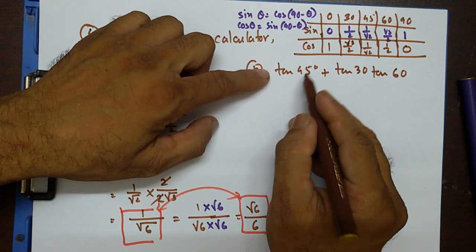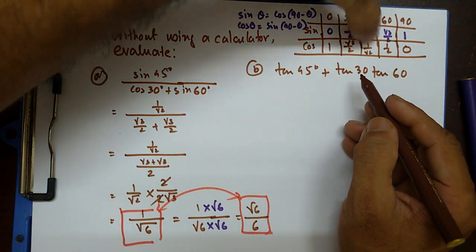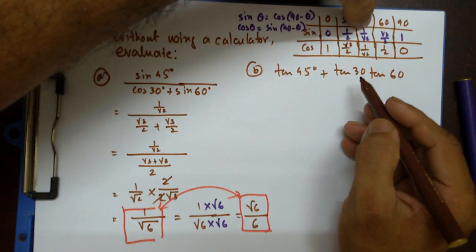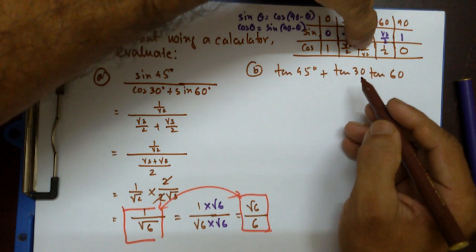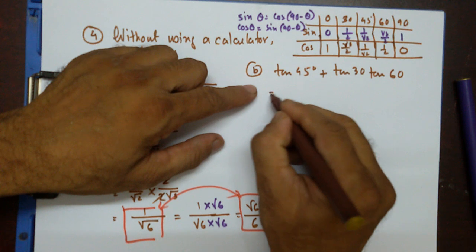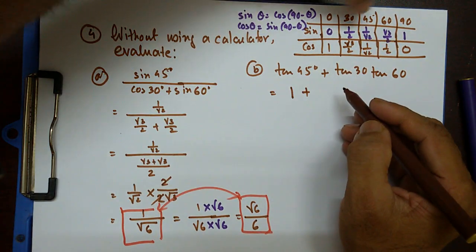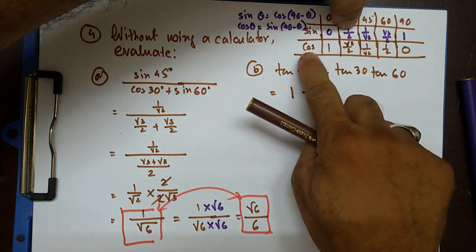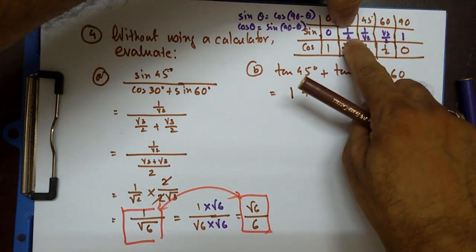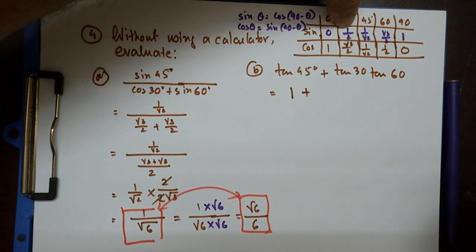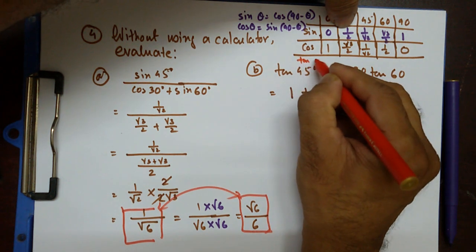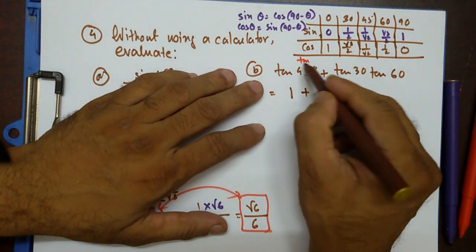Now tan 45 is nothing but sine 45 by cos 45. So 1 by square root 2 divided by 1 by square root 2 gives me the value 1. Plus tan 30. Tan 30 is sine 30 divided by cos 30. So 1 by, let me write that down so you will know what I'm talking about.